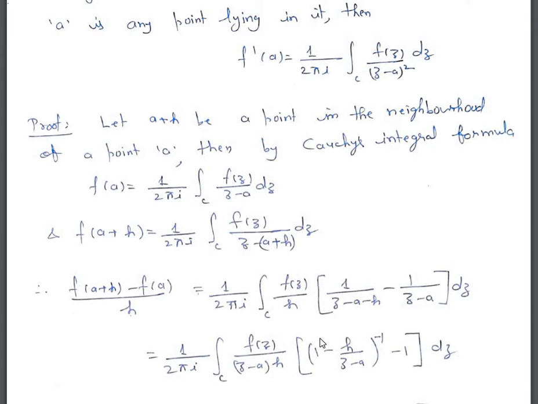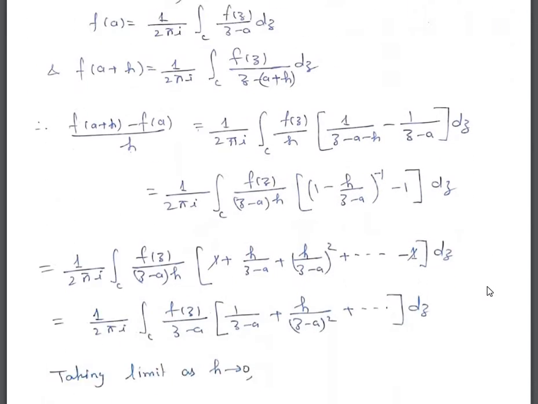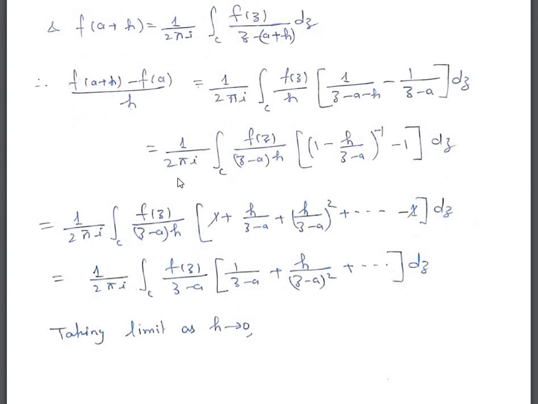Now expand it using the binomial theorem for any index, which is 1 minus x to the power minus 1 is 1 plus x plus x square plus x cube and so on, when mod of x is less than 1. Okay. So we expand it. We have 1 upon 2 pi i integral over C f(z) upon z minus a into h, 1 plus h upon z minus a plus h upon z minus a whole square and so on, minus 1 dz. 1 minus 1 gets cancelled.